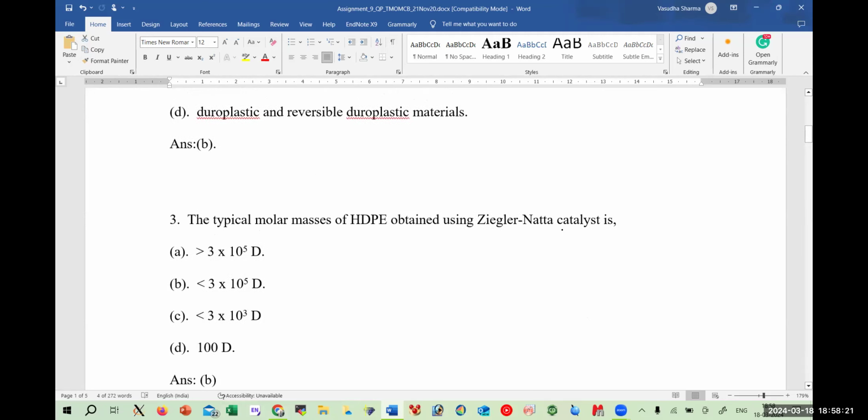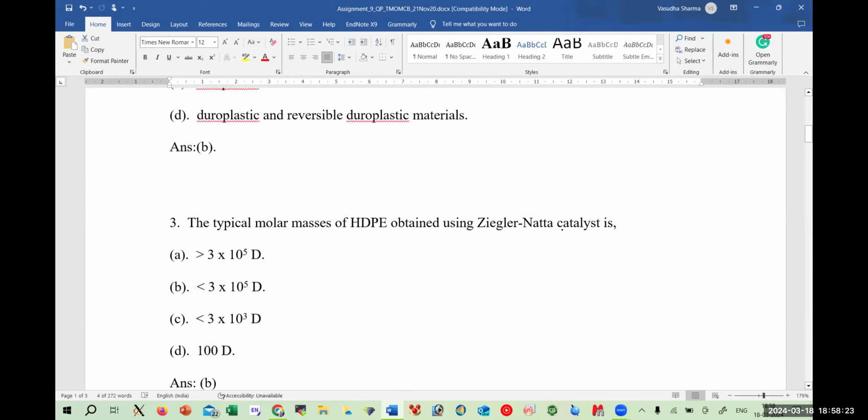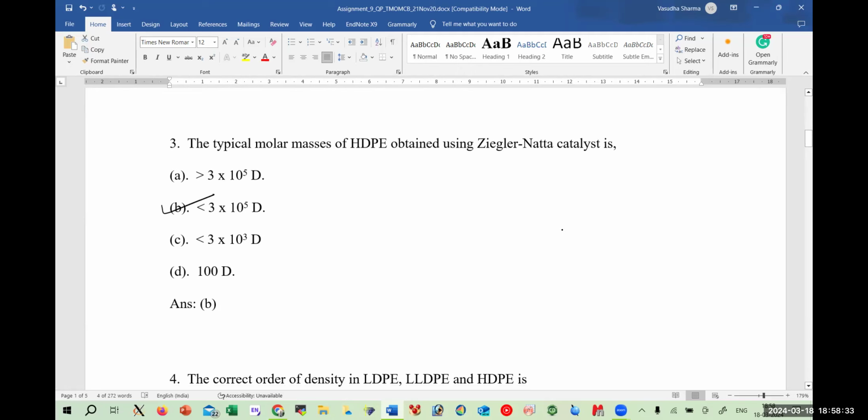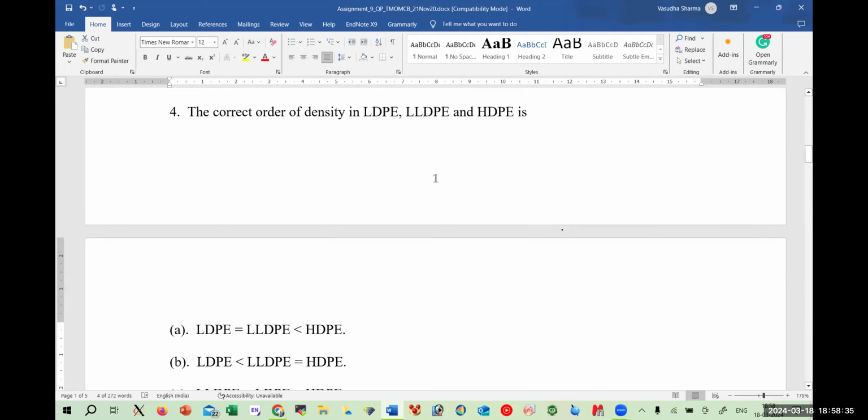Now, the typical molar masses of HDPE using the Ziegler-Natta catalyst, we have to know the range: it is less than 3 into 10 power 5 Dalton. Now, the correct order of density in these three, we know that these are the classification of polyethylene based on the density. As the name suggests, LDPE is low density.